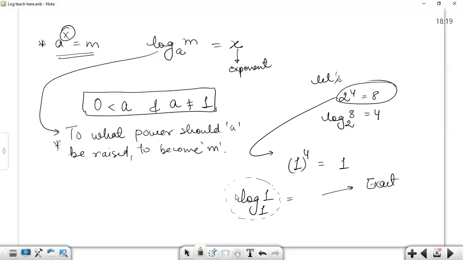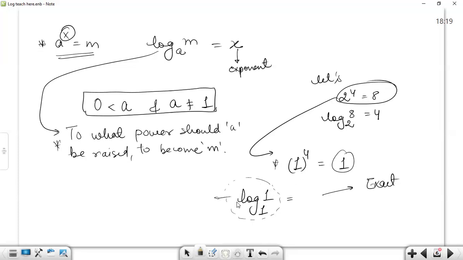So now hypothetically considering that we were to discuss the logarithm of 1 to the base 1, then what is happening? We have to represent this in this format, because the result m is 1 here, and the base a is 1.